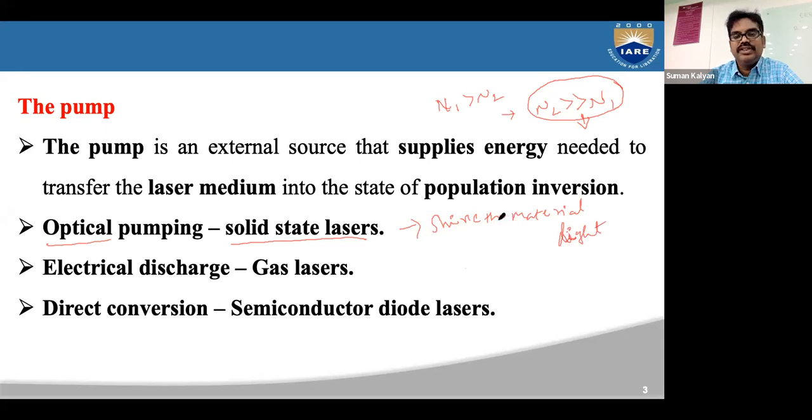The photons are shone on the atoms, and the atoms absorb the photon and leave the lower energy state to reach the higher energy state. That is what we call optical pumping: shine the material with light. This pumping technique is used in solid state lasers.